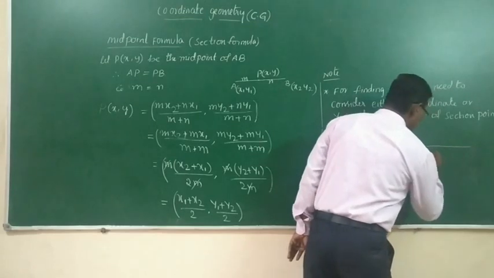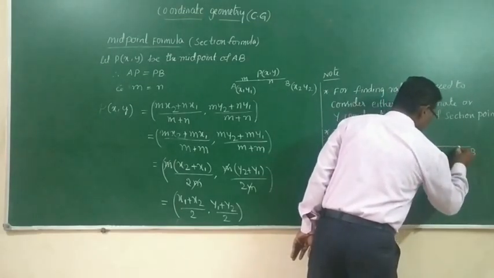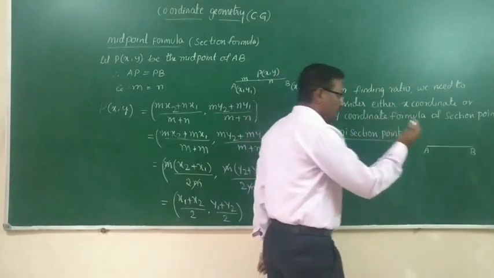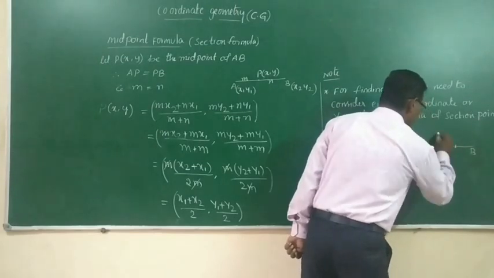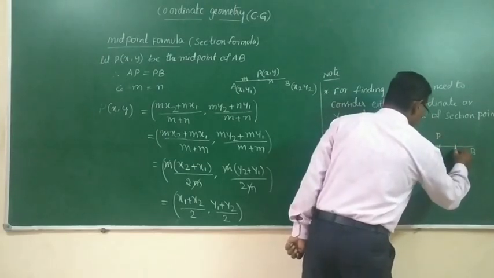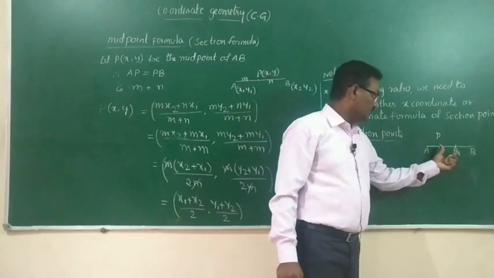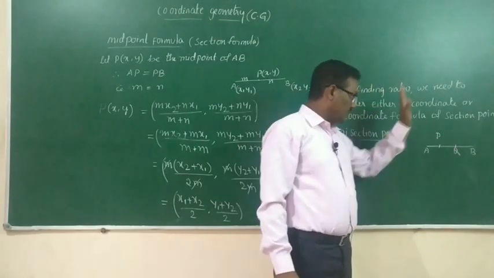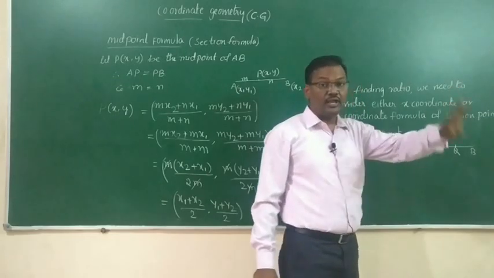There is a line segment AB which is going to be divided into three parts by the points P and Q. So P and Q are the section points which divide the line segment AB into three equal parts.